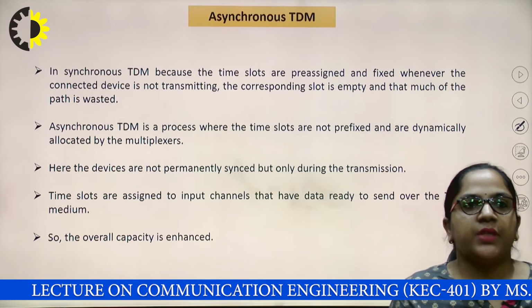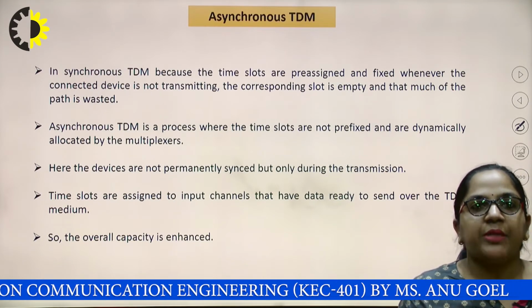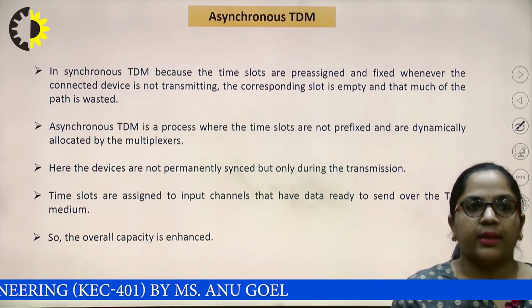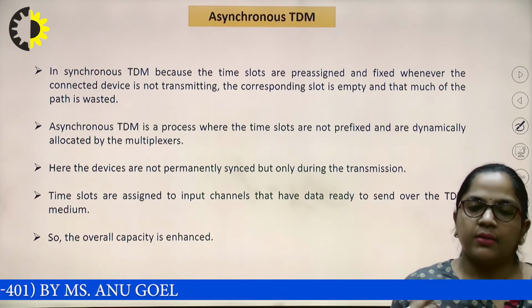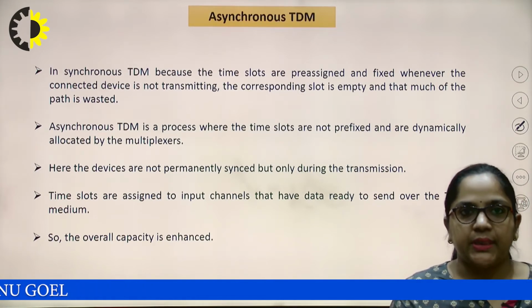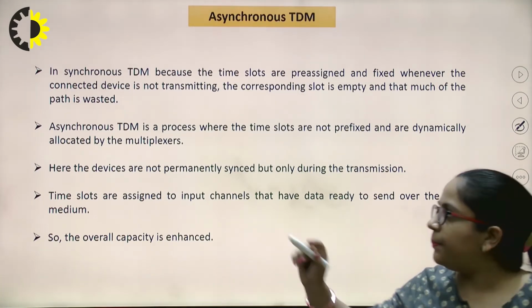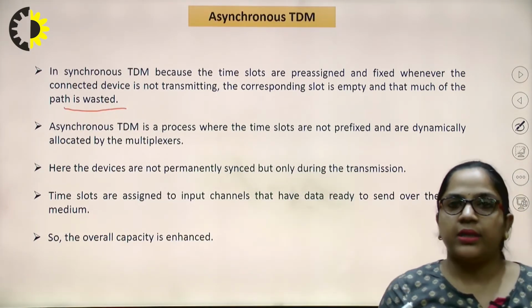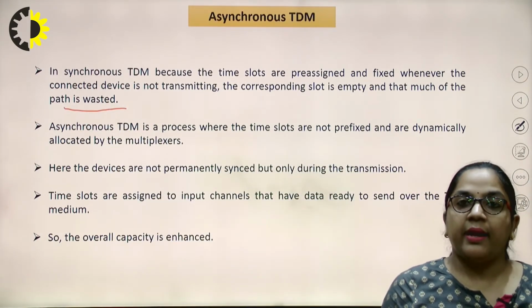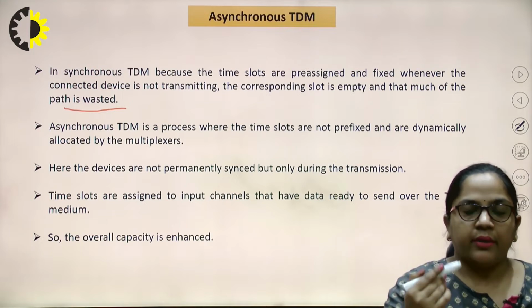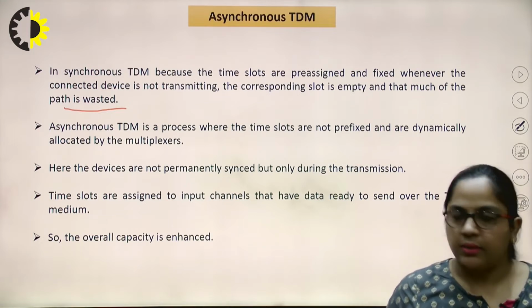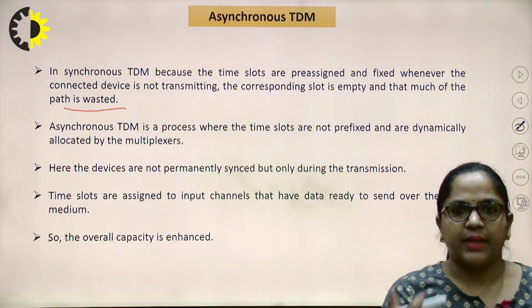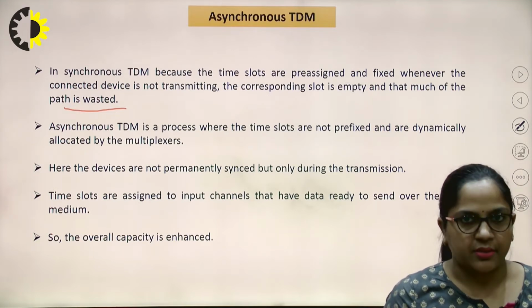So in case of synchronous TDM, because the time slots are pre-assigned and fixed, whenever the connected device is not transmitting, the corresponding slot is empty and that much of the path is wasted. If that user has nothing to transmit and is allocated that time slot, then that much of the path, that much bandwidth, that much duration will be wasted.